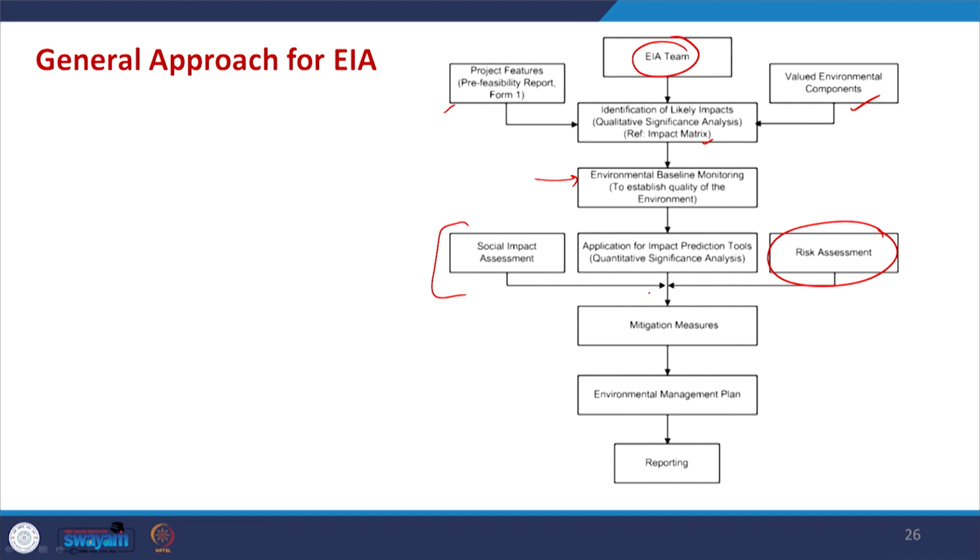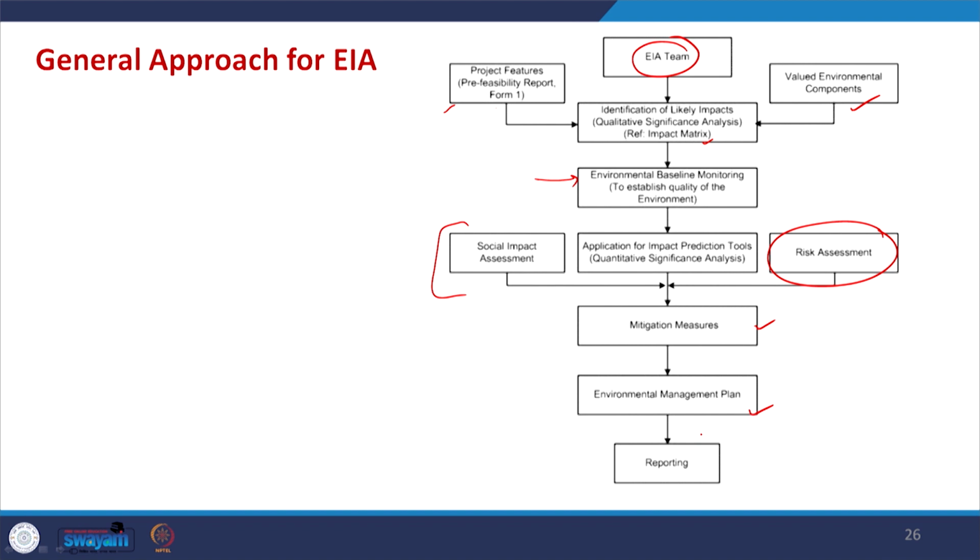Then once this is done, we will perform the social impact assessment, risk assessment, everything, and when we are able to analyze what will be the potential impact, we report what mitigation measures will be taken so that these impacts are minimized. These mitigation measures are incorporated into the environmental management plan, and this plan will include everything so that the impact on the environment is minimal, and then overall the EIA report is generated.